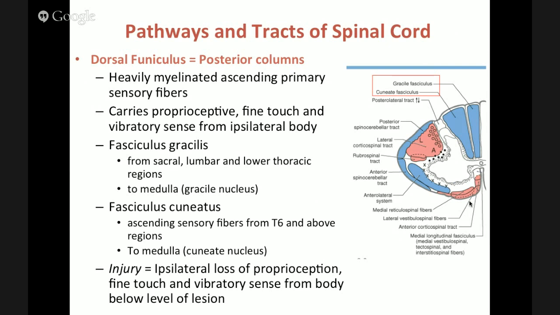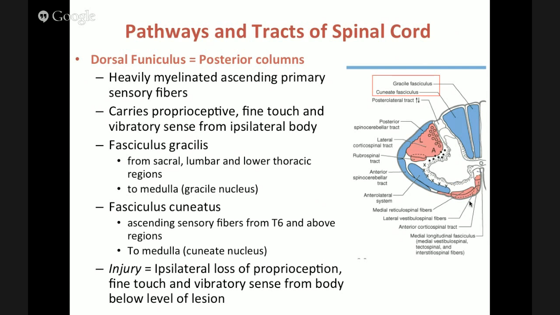So the gracile tract, or fasciculus gracilis, contains the fibers that are derived from levels approximately below T6. And the topography of that organization is that the fibers are coming in at each segment. They are arranging lateral to the ones that already exist.